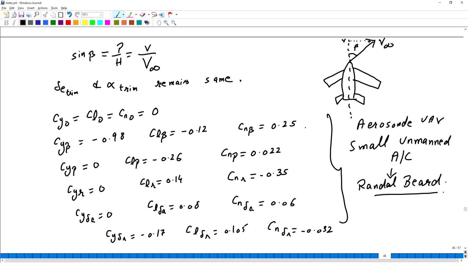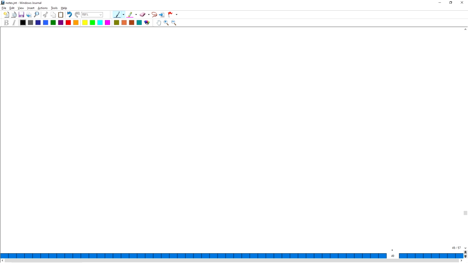Please note that to get these derivatives is actually not easy. A lot of effort is put in to find these values, and there are multiple ways to get them. Of course, one is the wind tunnel test. Multiple wind tunnel tests are done to get approximate values of these derivatives.